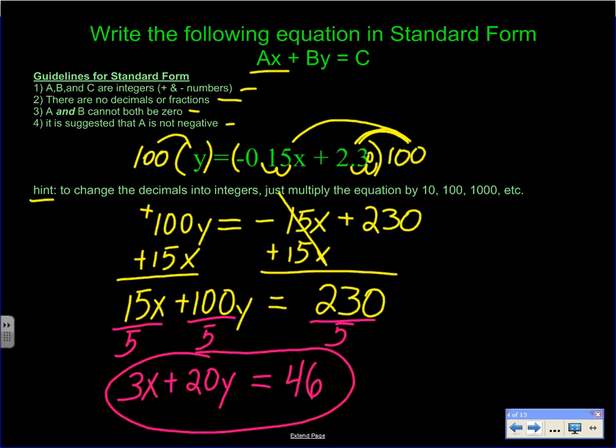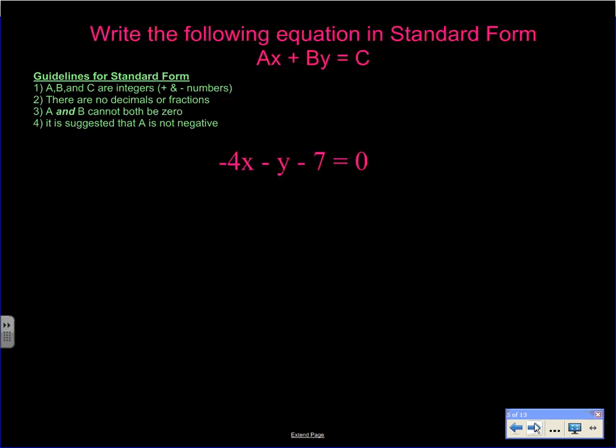And so now you've changed the equation y equals negative 0.15x plus 2.3 into standard form as 3x plus 20y is equal to 46. This one right here has no fractions and no decimals in it, so guideline number 2 is already met.